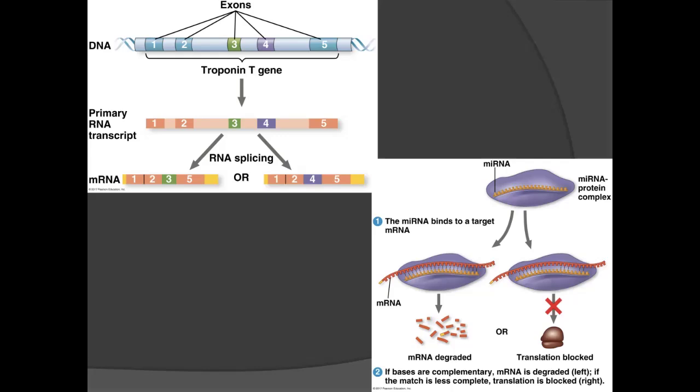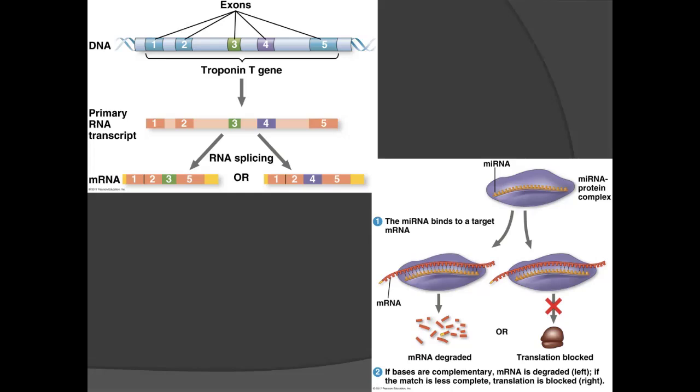This protein will help the microRNA to locate the appropriate target mRNA sequence. Once the microRNA and protein complex bind to the target mRNA, this could denote the mRNA for being tagged for degradation. In this instance, the target mRNA would be degraded and inaccessible for translation.